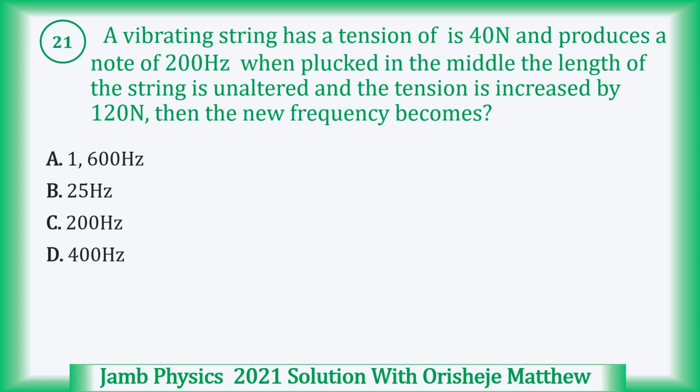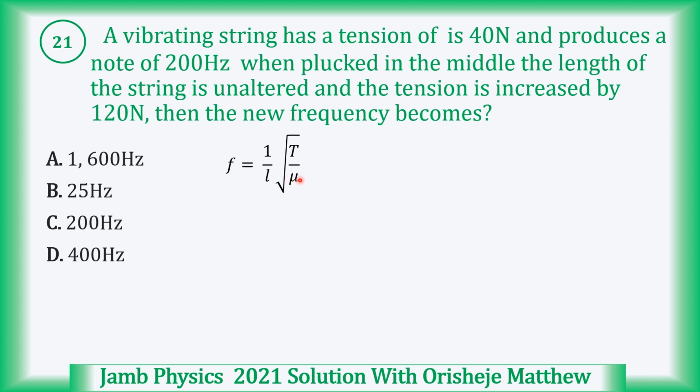So we are just trying to exploit the factors affecting the frequency of a sonometer or a vibrating string. The frequency of a vibrating string F is directly proportional to 1 over the length, then the square root of the tension divided by the mass per unit length.